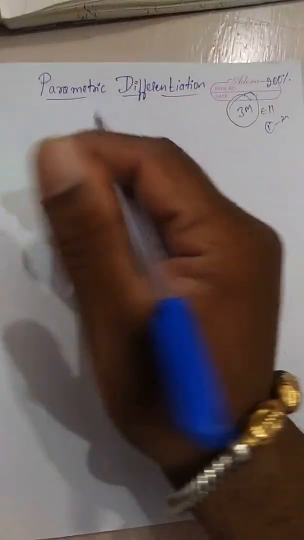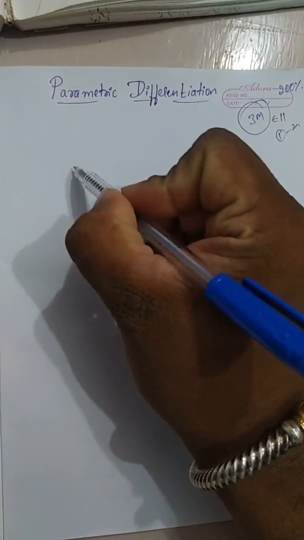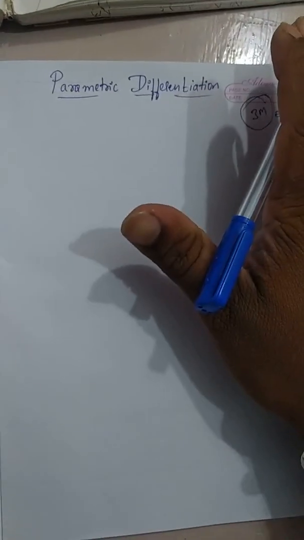Before going to parametric differentiation, let me tell you what a parametric function is. A parametric function is a function expressed in terms of another parameter. For example, normally when we write any function, it is in the form of x or y, like y is equal to x cube plus 2x.